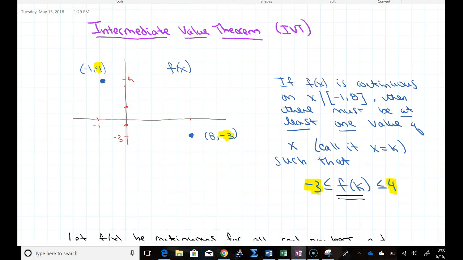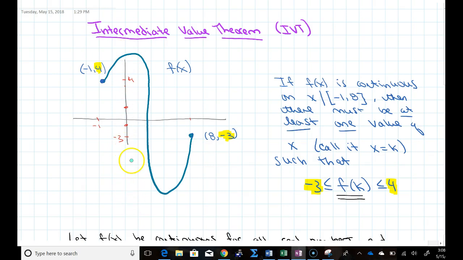Couldn't there be a y value outside of the range of y values, -3 to 4? The answer is yes. Maybe your function looks like this. Sure. But these y values beyond 4 and lower than -3, they are not in the category of must. They're in the category of could.